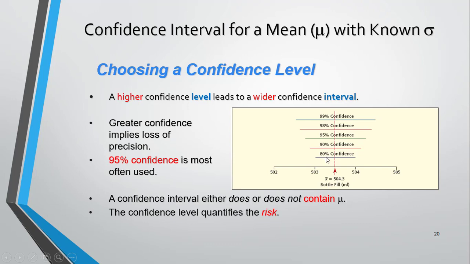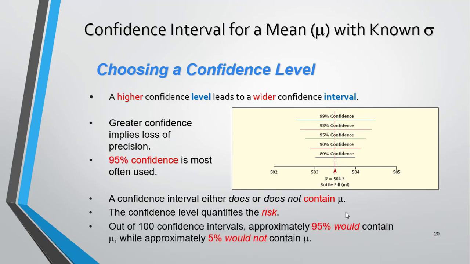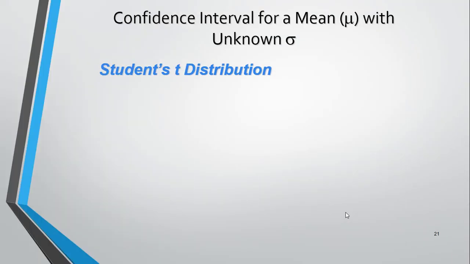That would be a problem. Then you may want to be more confident, increasing the level. Out of 100 confidence intervals, approximately 95% would contain mu, while approximately 5% would not contain mu.